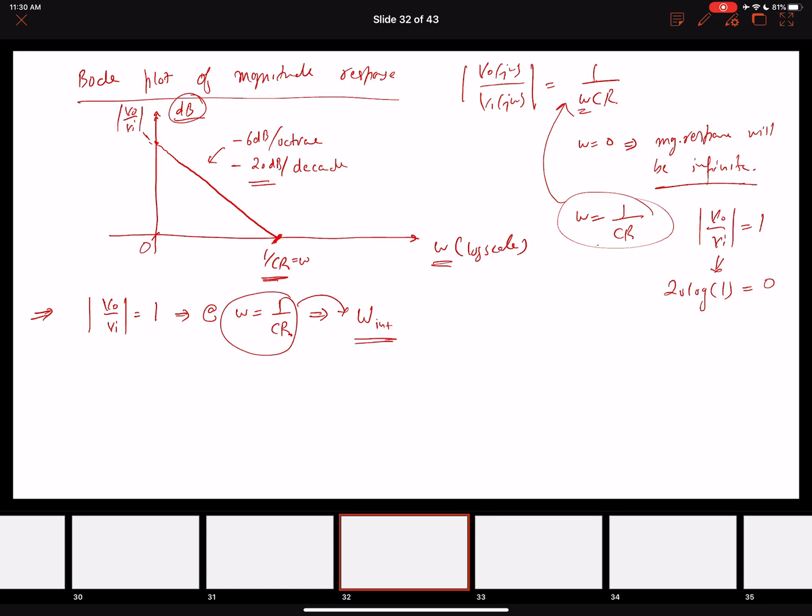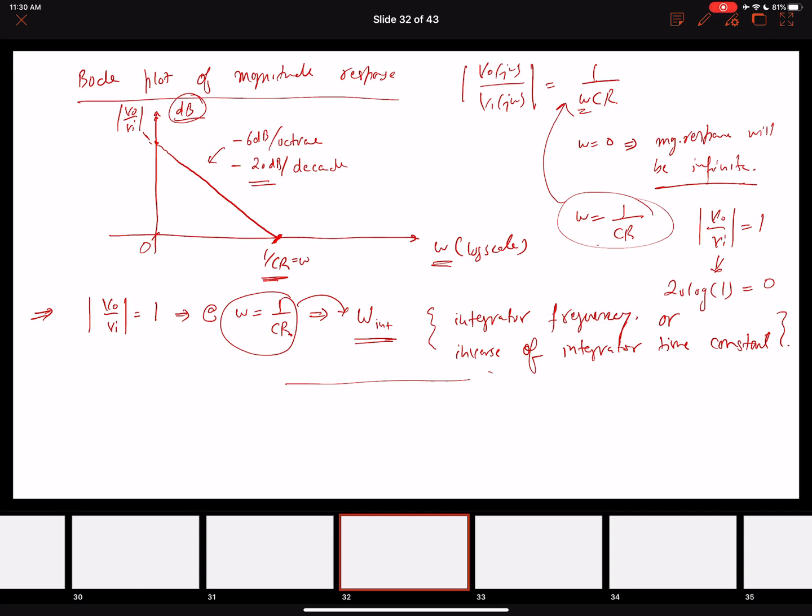It's called the integrator frequency, or the inverse of the integrator time constant. Okay.